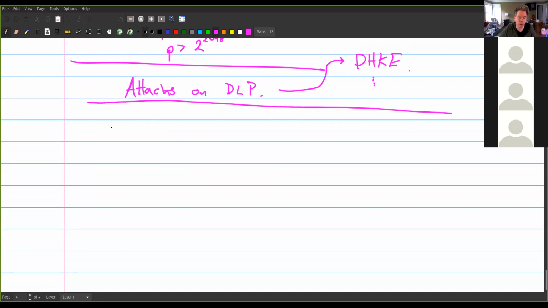There was an Egyptian man named Tahir Elgamal. I think he's still alive, actually. I believe he was a student of either Diffie or Hellman. In 1985, he proposed a way to use Diffie-Hellman key exchange for a crypto system, for encryption.